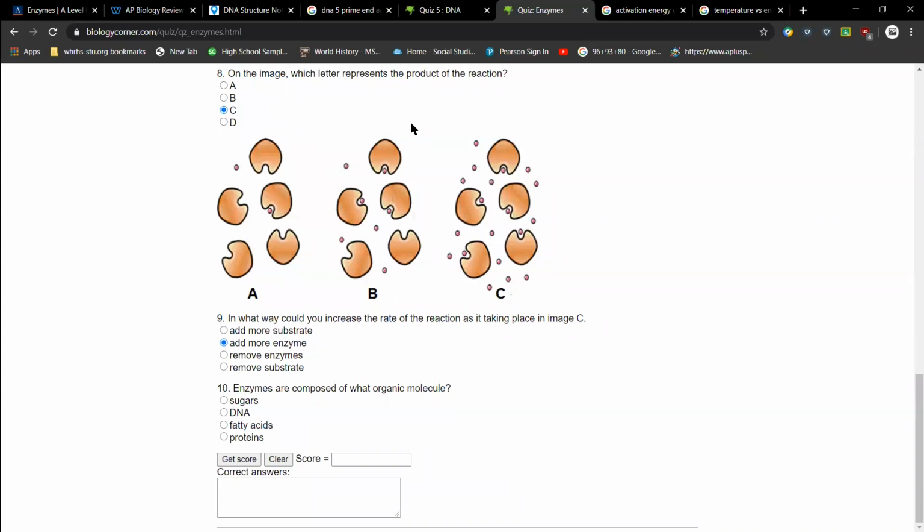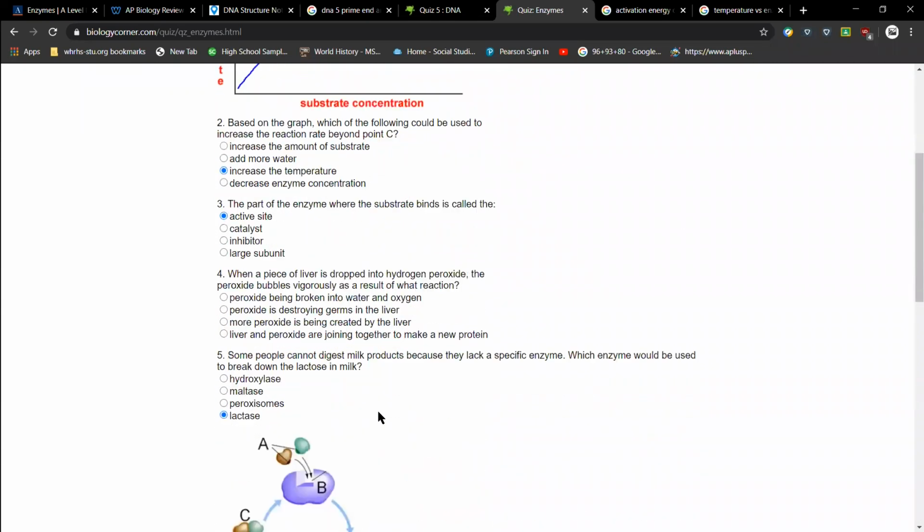And remember that for this reason, they have the properties of proteins, like they denature with high temperatures or weird pHs. And they have a primary, secondary, tertiary structure. Some may even have a quaternary structure. So enzymes are proteins. Okay, so good job. We got all of them right that we answered.